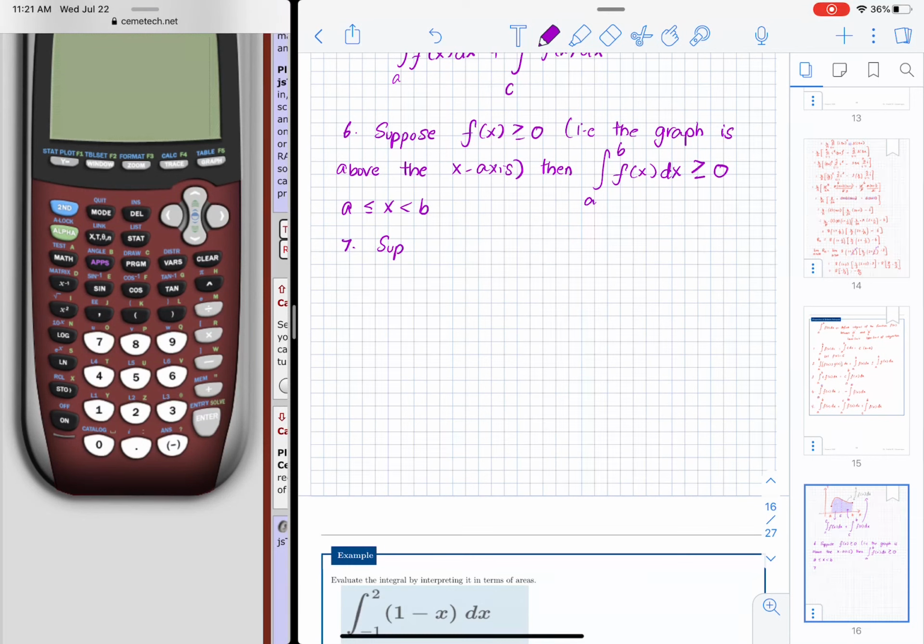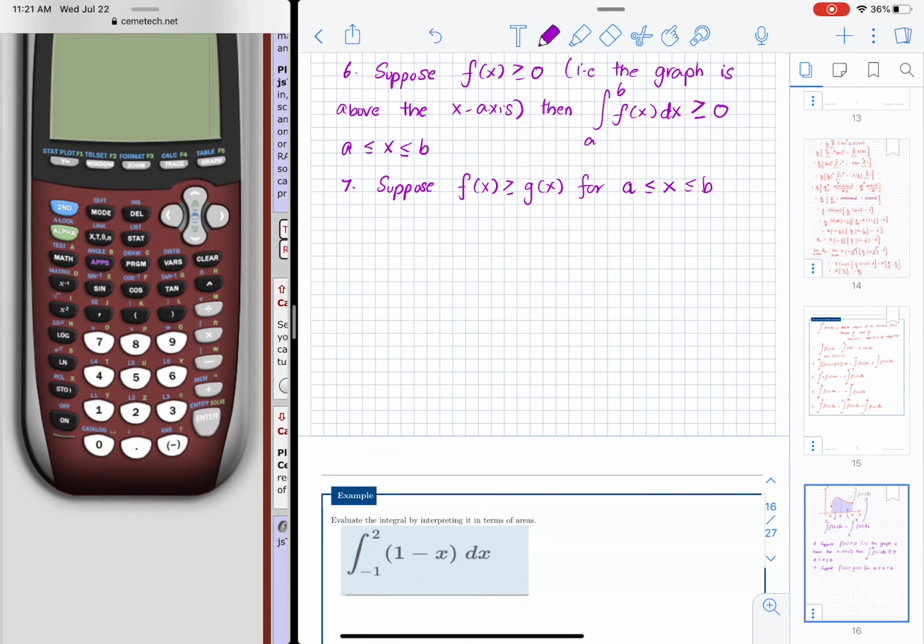Suppose we have two functions, f of x is greater than or equal to g of x for a less than or equal to x less than or equal to b. In other words, the function f of x is bigger than g of x for all values of x.